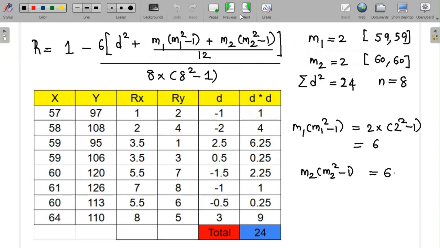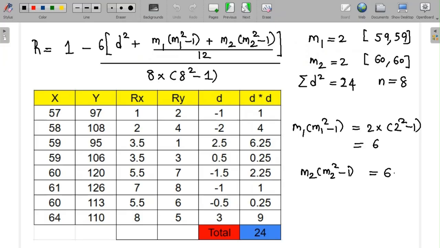For the second formula, we need D square, which is 24, and we also note down M1 and M2. M1 and M2 denote the number of occurrences of any observation that is repeated. We see that 59 appears twice, so M1 is 2, and 60 also appears twice, therefore M2 is 2. We find M1 times M1 square minus 1, which is 2 times 3, that is 6, and M2 times M2 square minus 1, which is also 2 times 3, which is 6.